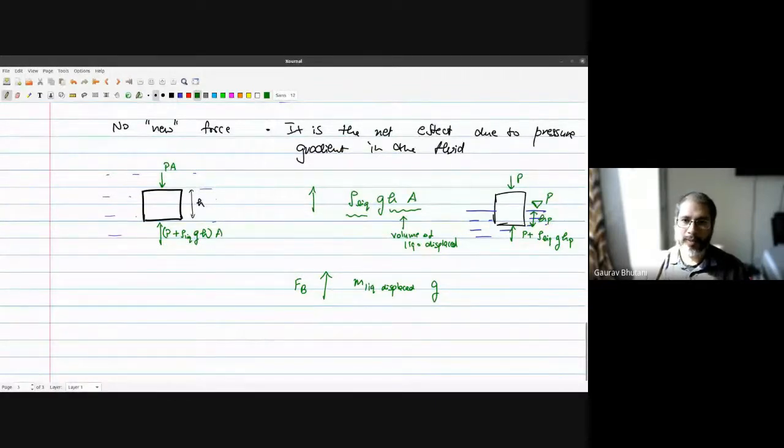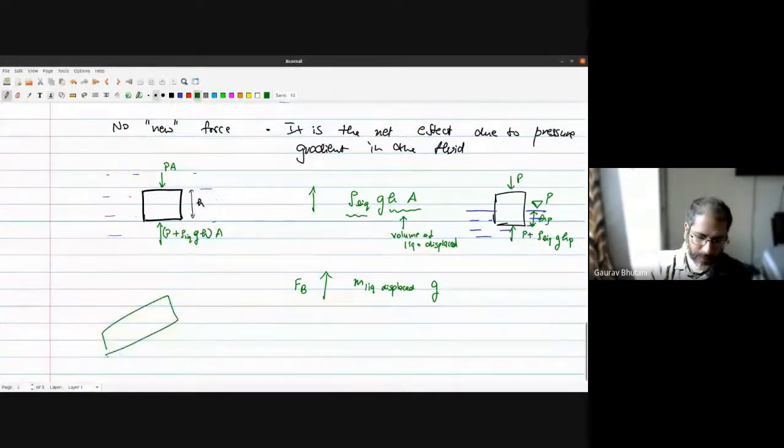Now, the question that comes is, earlier you have learned that the force of buoyancy is simply the mass of liquid displaced times gravity. If I take a body like this and rotate it, right now the difference in the force acting is because of this height.